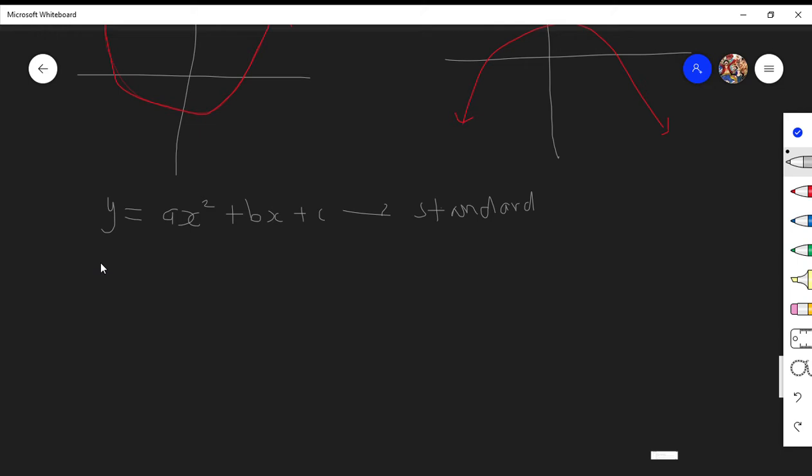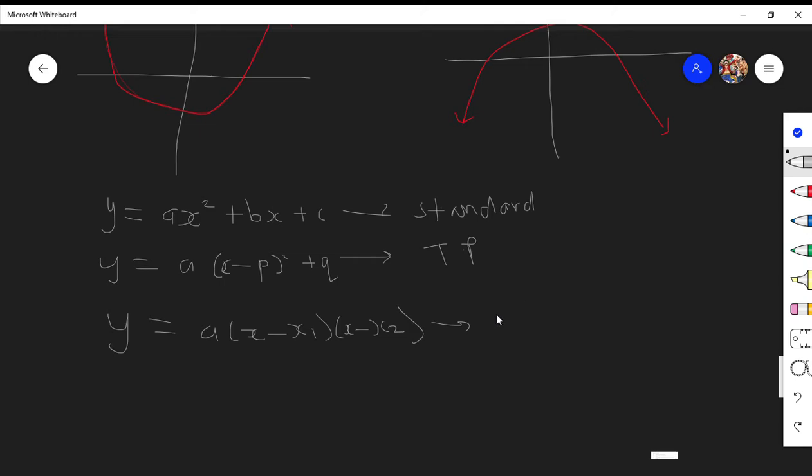Our second one is y is equal to a, open a bracket, x minus p, squared plus q, and this is our turning point form. Our third form is our x-intercept form, which is a, open a bracket, x minus x1, close the bracket, open a new bracket, x minus x2.